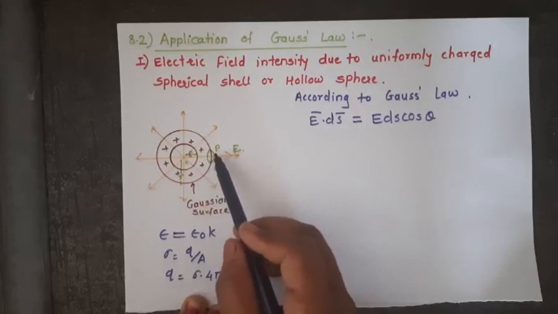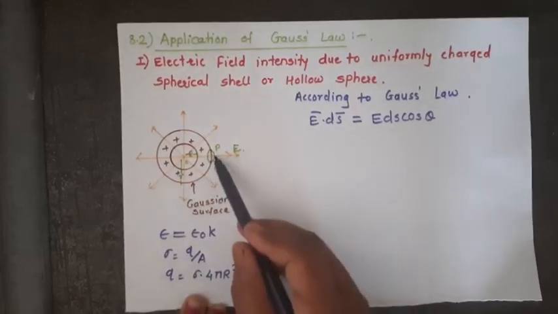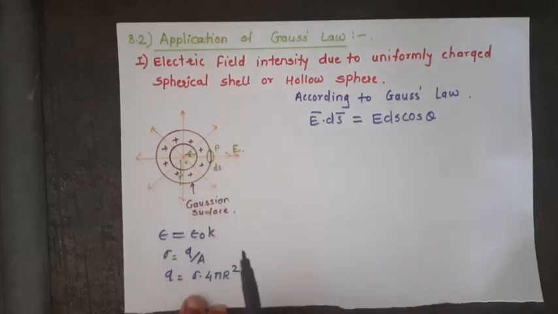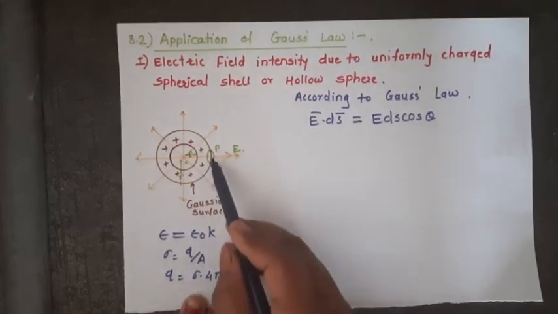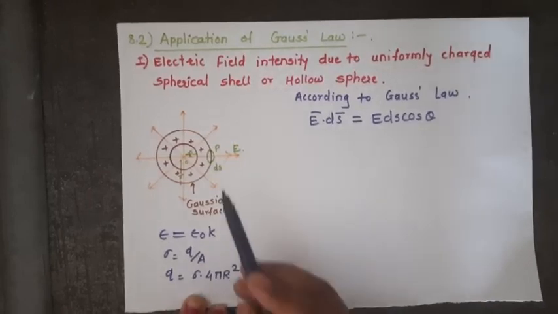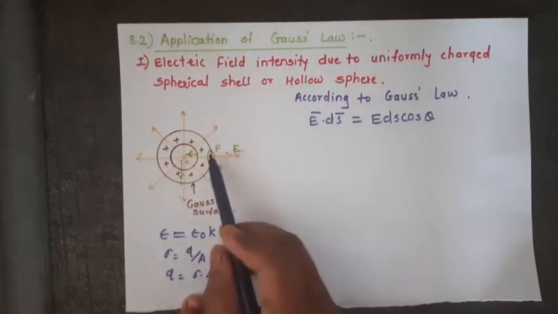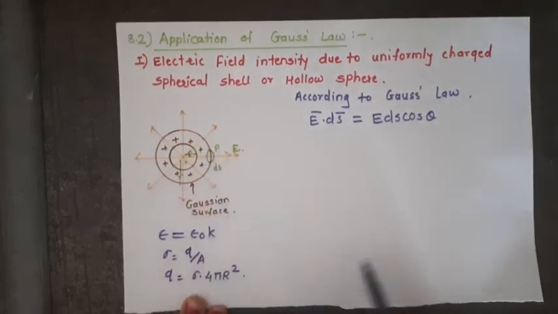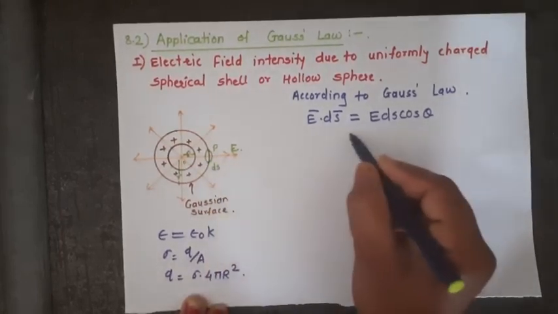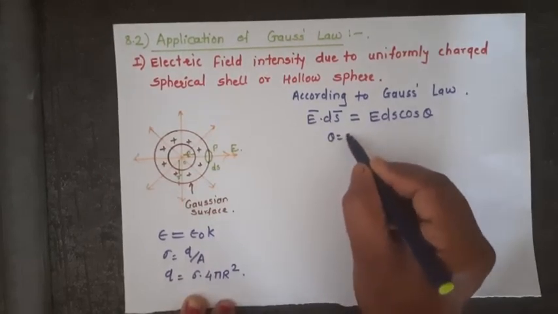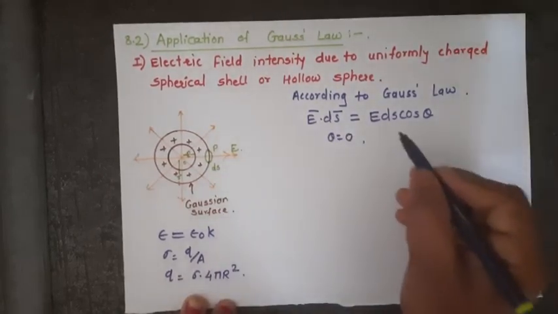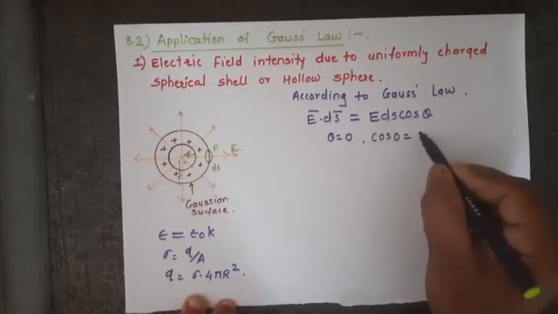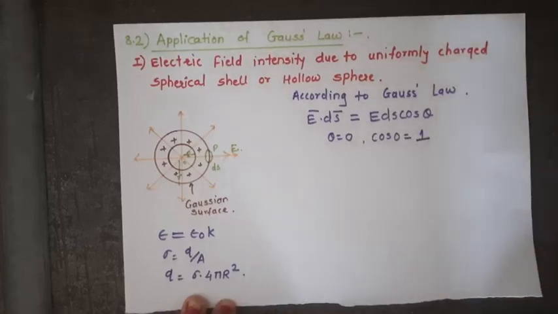The small area ds is perpendicular to the surface, so the electric field and the area vector are both directed outwards along the same line. So theta is 0, and cos 0 is 1.